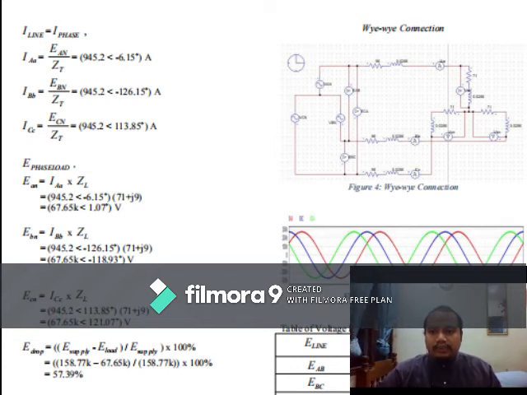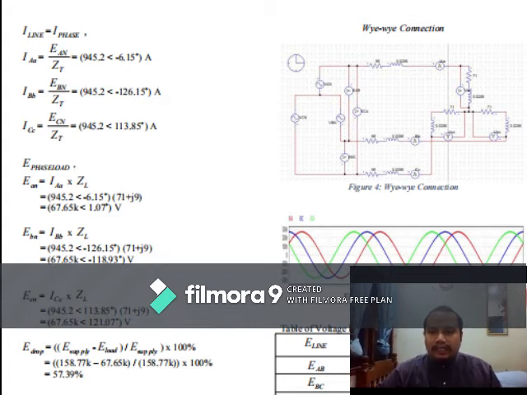Same for IBB, I use the same EBN divided by ZT, equal to 945.2, angle of negative 126.15 degree.